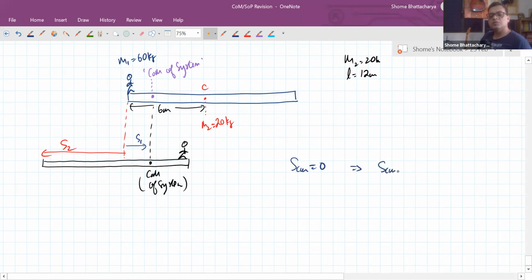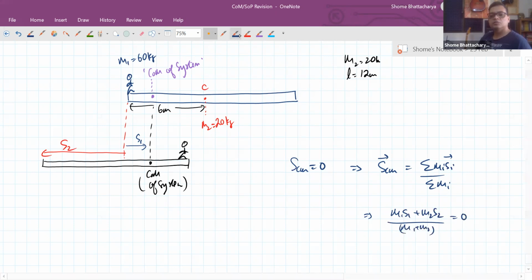But displacement of center of mass should be zero. Remember, displacement of center of mass is summation m into s divided by summation m. We are writing for a one-dimensional system, so this will become m1 s1 plus m2 s2 divided by m1 plus m2 should be equal to 0.